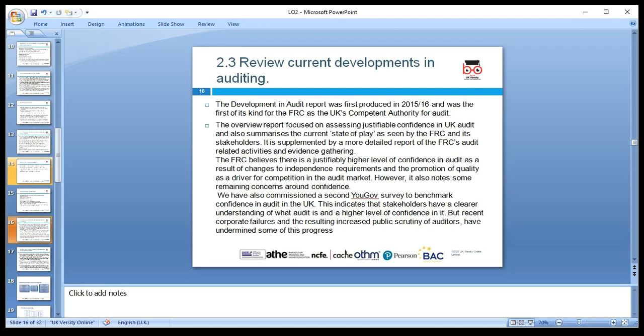That's all about increasing transparency and fairness, and confidence in audit. A result of the changes is increased independence, so the executive committee. Do we know the executive committee?